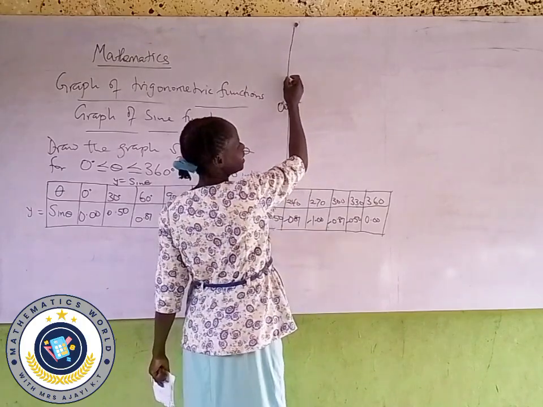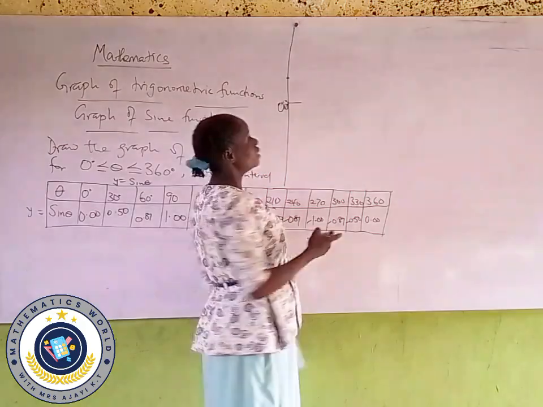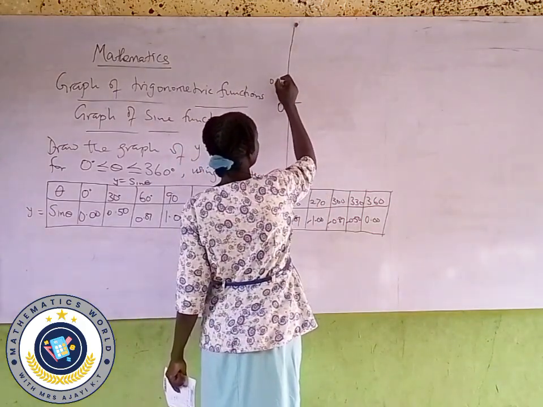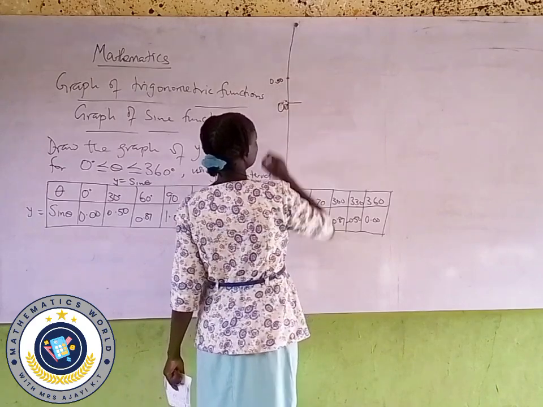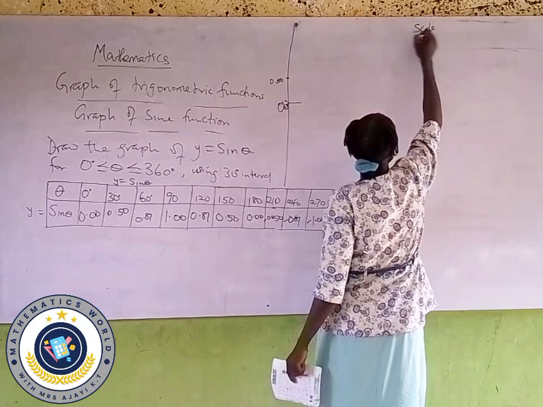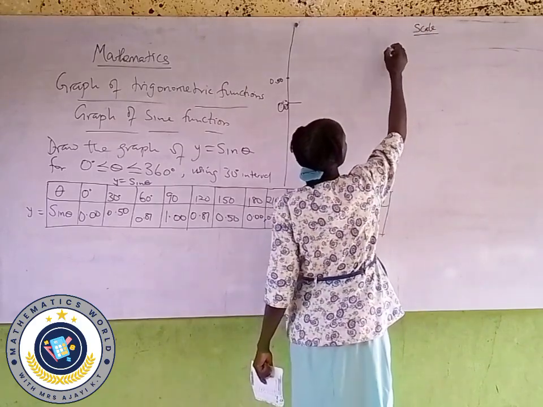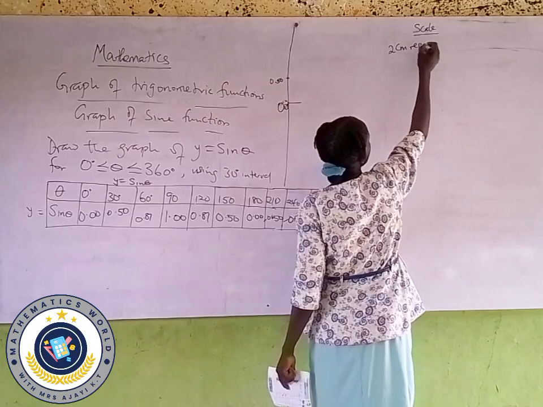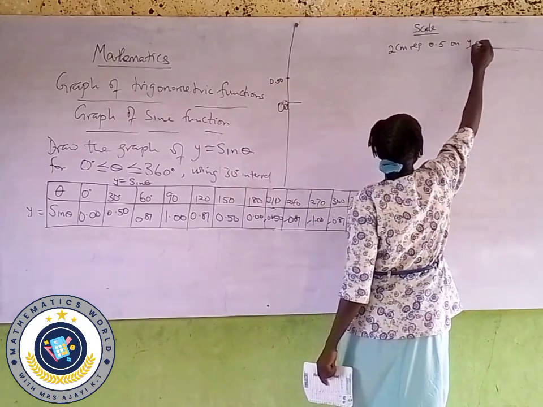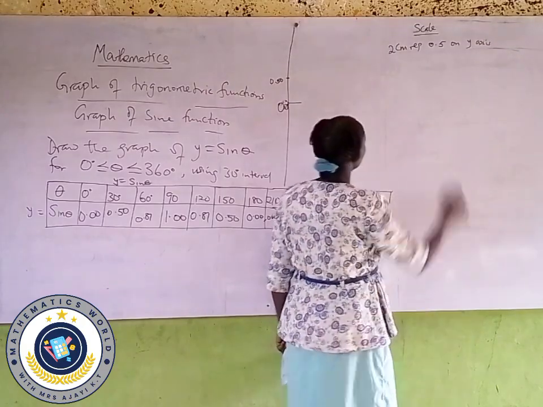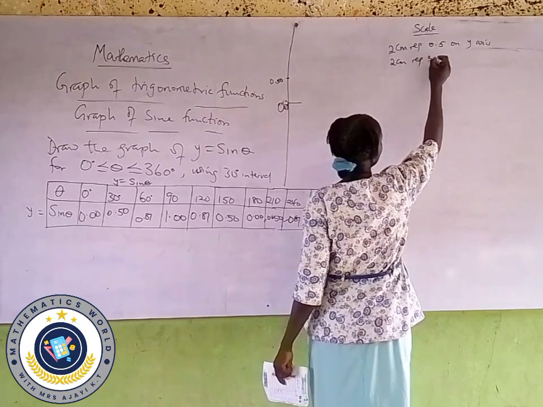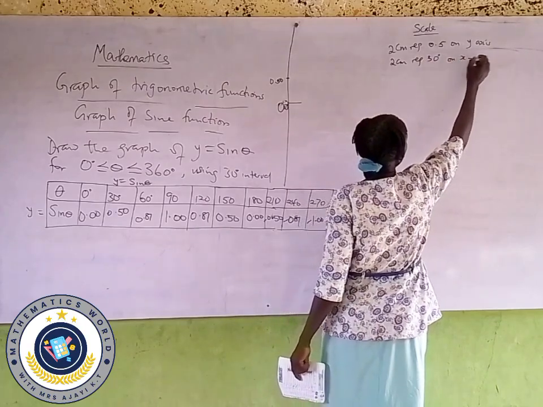The next thick line, if you put your ruler there, will be 2 centimeters. So what I'm saying is that the scale is: you are using 2 centimeters to represent 0.5 on the y-axis, and 2 centimeters to represent 30 degrees on the x-axis.